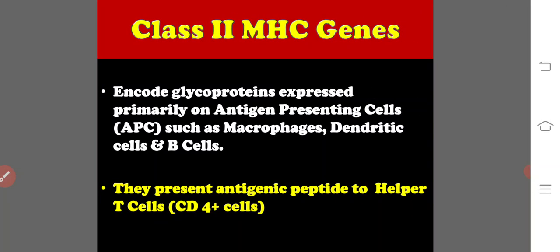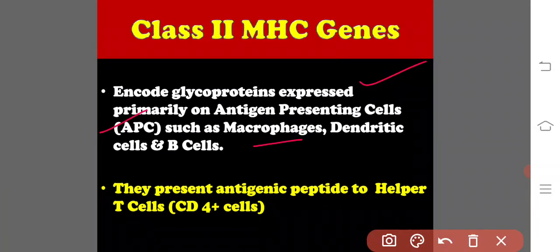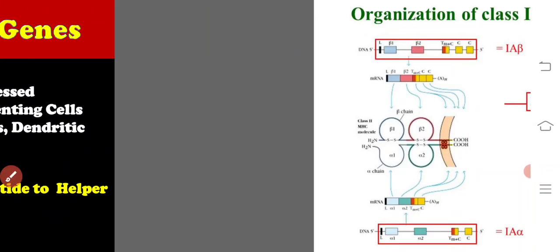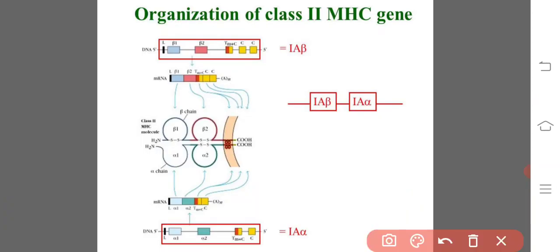Then coming to the class 2 MHC genes. They encode glycoproteins expressed primarily on antigen presenting cells, that is APCs, such as macrophages, dendritic cells and B lymphocytes. They present antigenic peptide to T helper cells, otherwise CD4 cells. Here you can observe the organization of the class 2 MHC gene. Here this is the DNA and this is the mRNA.